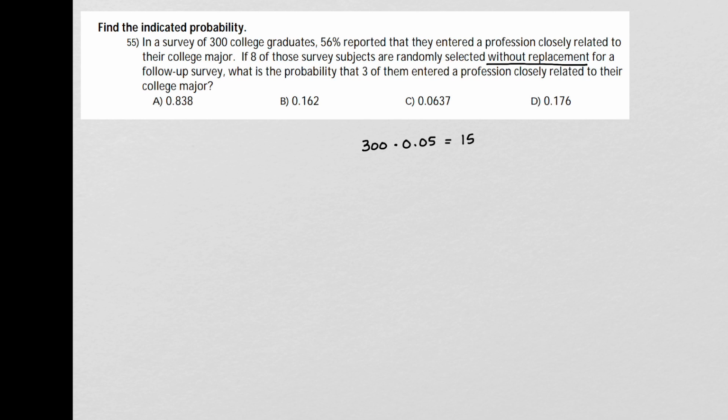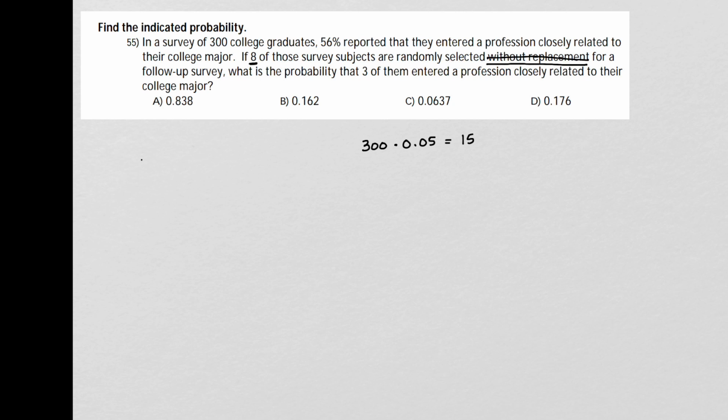Since we only selected 8 of the survey subjects, fewer than 15, that means we can treat this as if it is with replacement. So we don't care about it being without replacement. So we can use the binomial distribution for this.